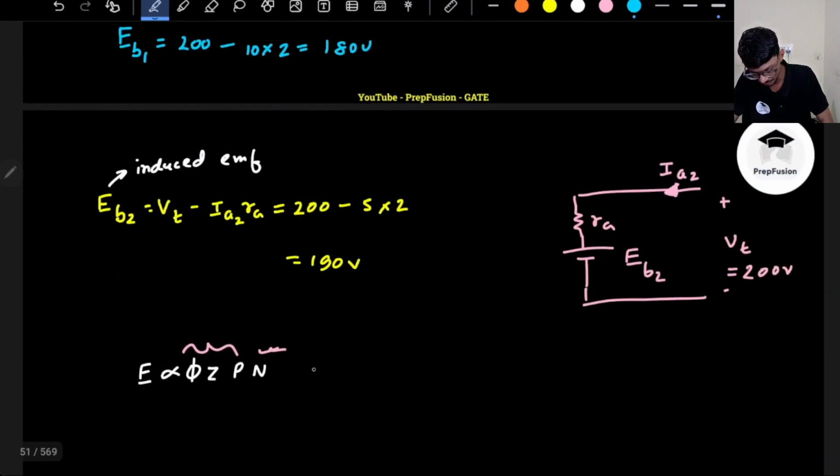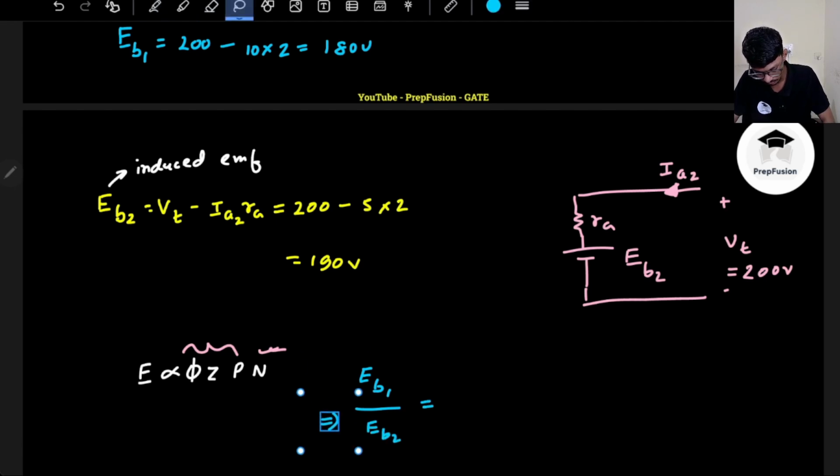So this will be very simple, that my EB1 divided by EB2 will be equal to N1 divided by N2.